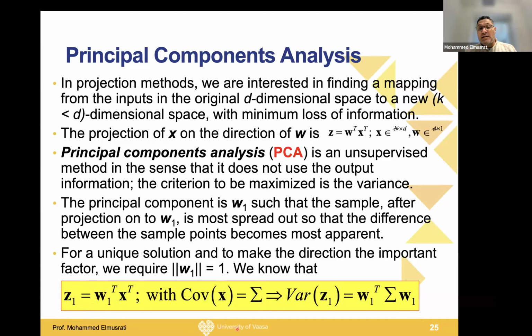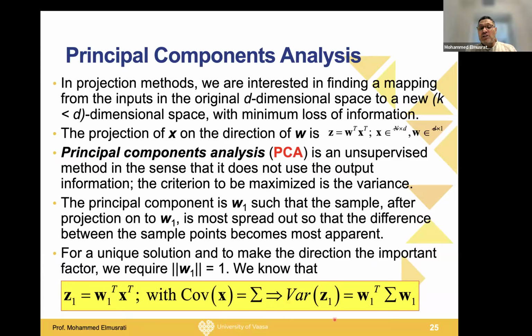And the variance of Z1 in this case will be W1 transpose times the covariance Z times W1. We can easily prove this if you go back to the second lecture and the previous lectures. Okay, so now this is the variance.